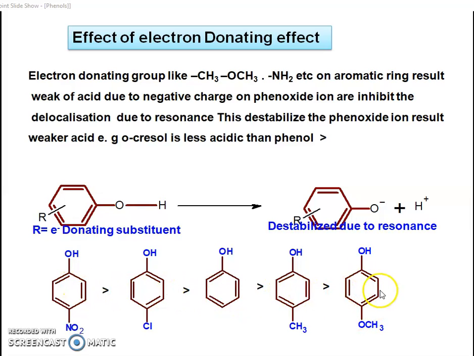So this order clearly indicates that electron withdrawing substituents increase the acidity of phenol, and electron donating groups decrease the acidity of phenol.